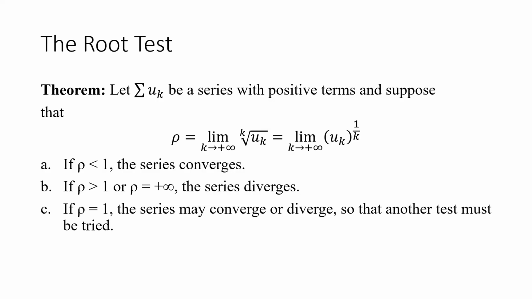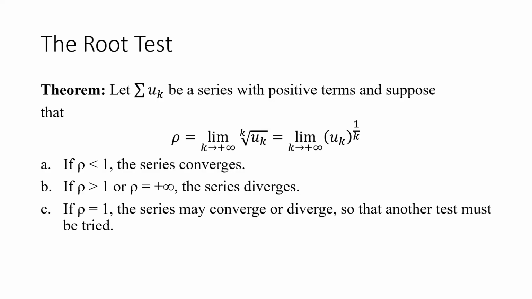Let the series be the sum of u sub k with positive terms, and suppose that rho is equal to the limit of the kth root of u sub k as k approaches positive infinity, which is the limit of u sub k raised to 1 over k.